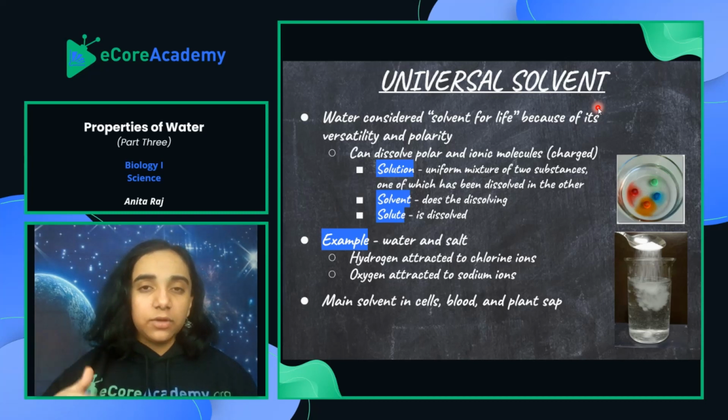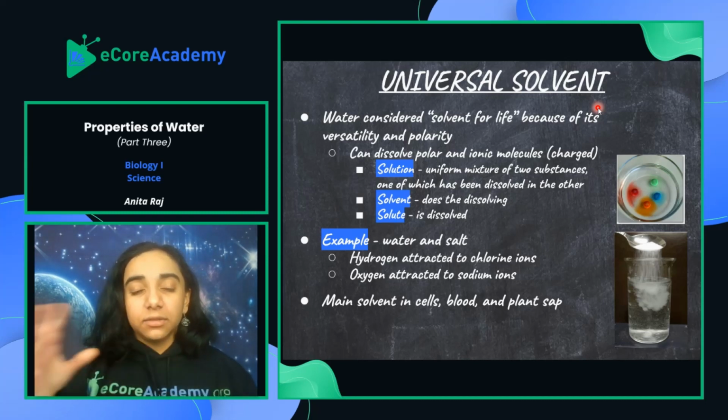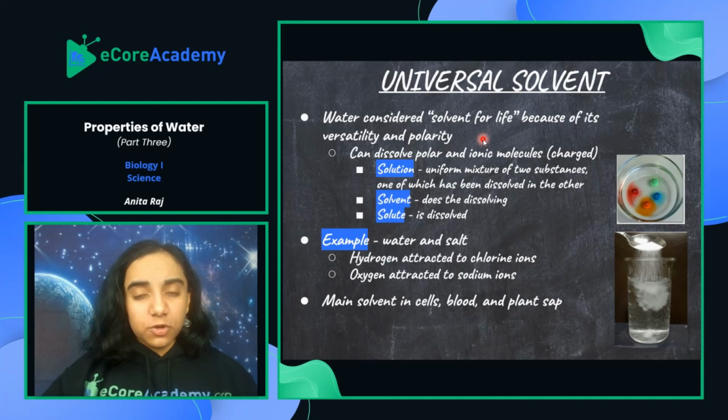And again, I'll talk about how it works in our body, in the bodies of different organisms as well. And it can dissolve polar and ionic molecules. So ionic molecules are charged molecules, for example sodium chloride, which is NaCl, which is salt. Water can also dissolve polar molecules. Other polar molecules include ammonia, things like that.